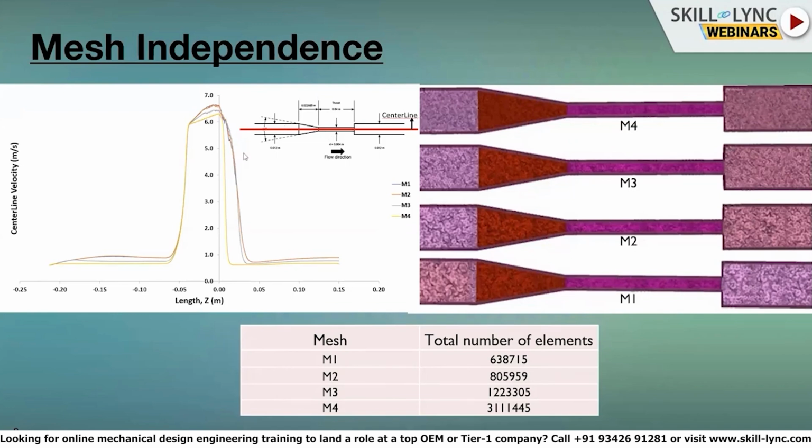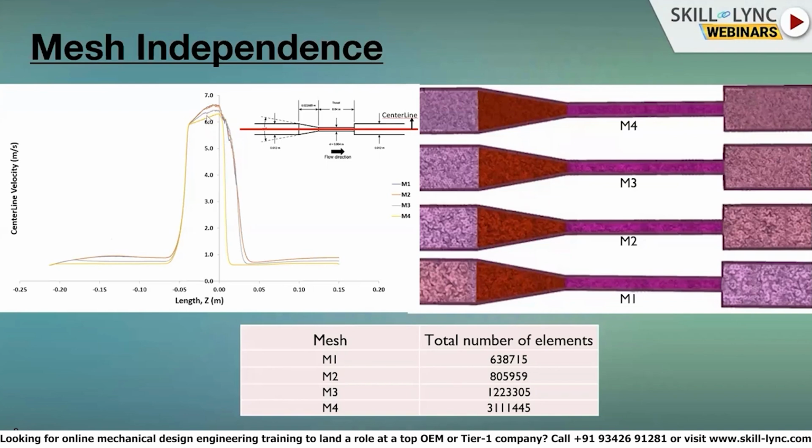As you see in this problem, there is a red line. This is the center line of this problem, and along this center line, the velocity is plotted, as you can see in the graph. There are four curves you can see, in different colors.